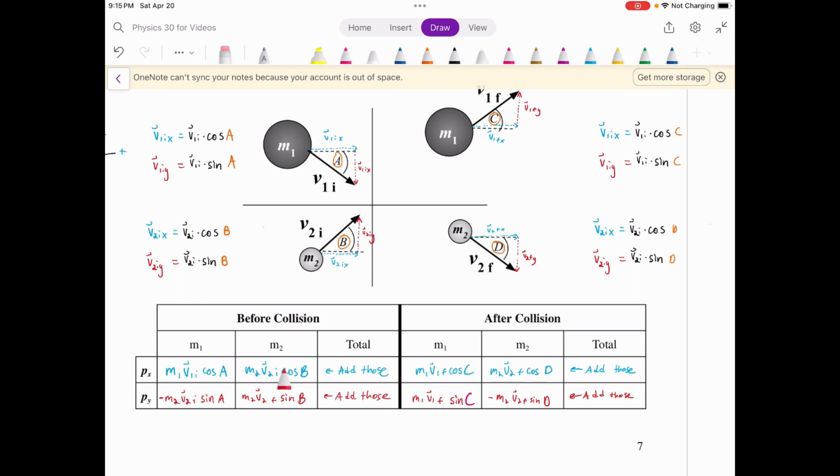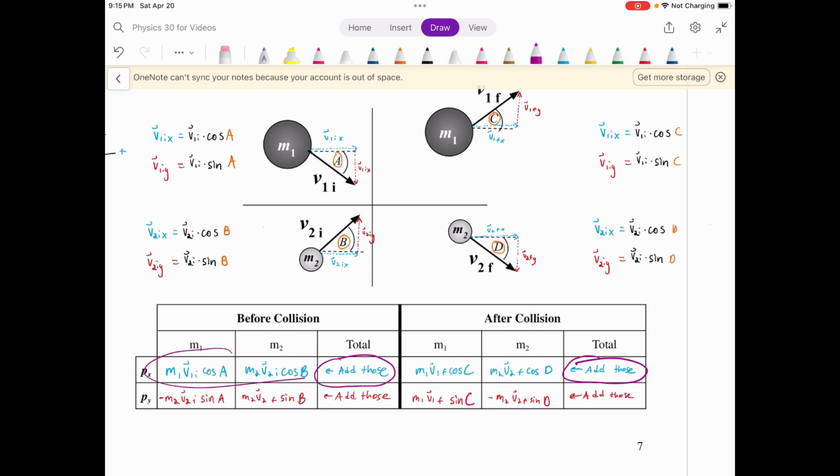Just same process, right? What is the total initial x momentum? Well, add the x momentum of mass 1 to the x momentum of mass 2. What's the total initial y momentum? Same thing, but with the y components, just being careful about signs, getting opposite directions. And the whole point here is that whatever this is will be the same as this.